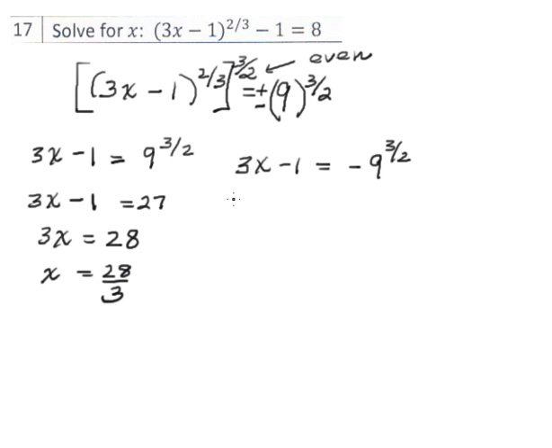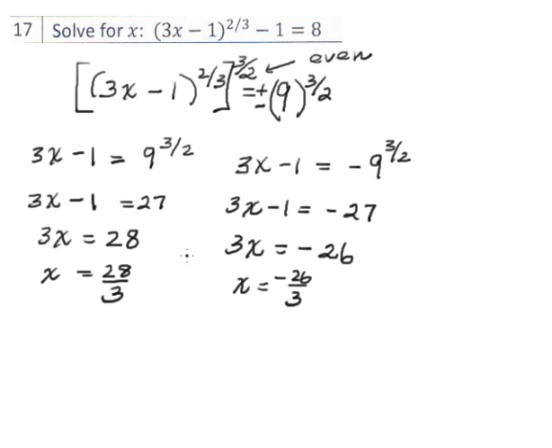And here we have 3x minus 1 equal to, again, 9 to the 3/2 is 27, so here we have minus 27. Okay, add 1 to both sides, and 3x is equal to minus 26. And x is equal to minus 26 over 3.